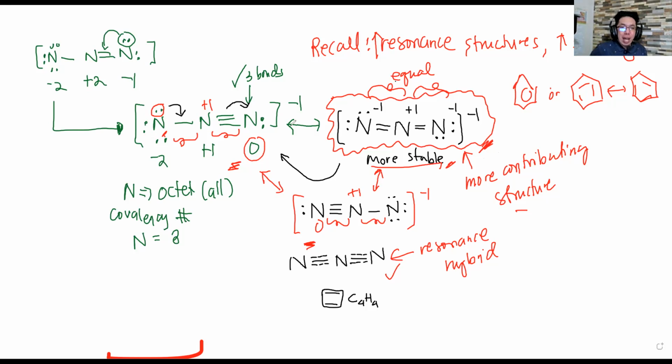Another thing, Joshua, what are the charges on your terminal nitrogens? Negative 2 and negative 2, right? So you have a high negative charge on your nitrogen. But on your middle structure, the double bond, what happened to your negative charges? They got removed.